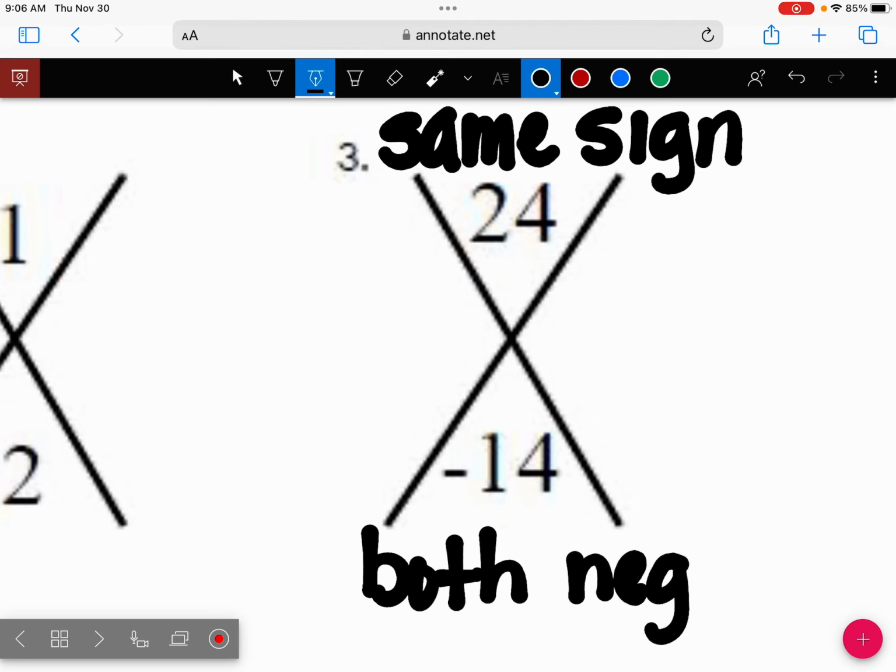So I want you to look at your multiplication chart. Write down all the places where you see a 24.